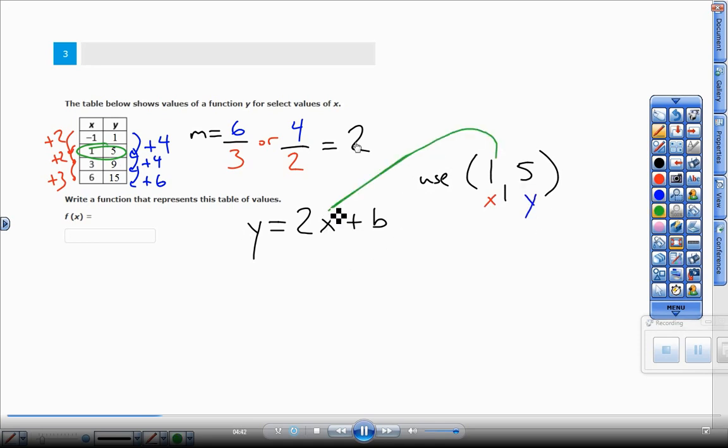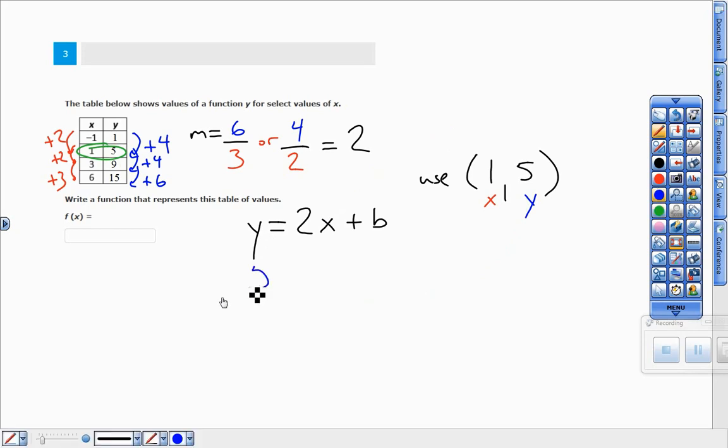So there's my 2 for my slope that I got first. Now to find b algebraically, 1 goes here, 5 goes here, solve for b. So that gives me, when I plug it in, 5 equals 2 times 1 plus that b.